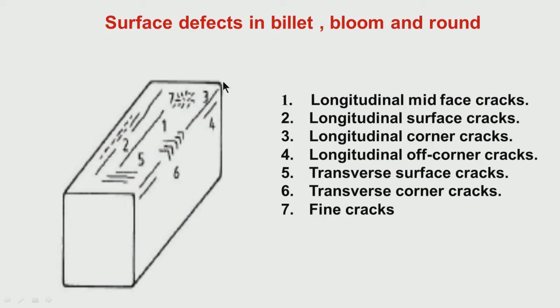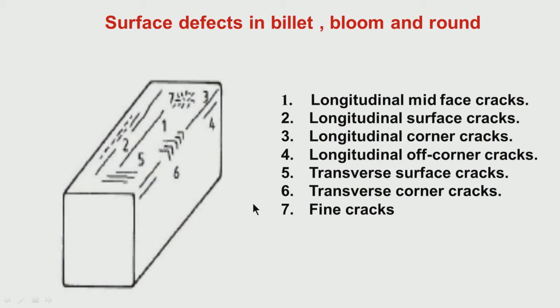If there is a crack along this corner, this is one corner, this is one corner, so this is also one corner. This crack formation has taken place along the corner. So, the direction is longitudinal, so 3 is basically a longitudinal corner crack.